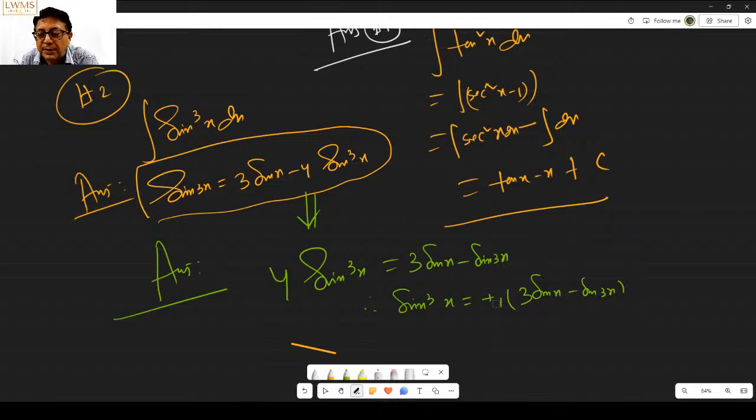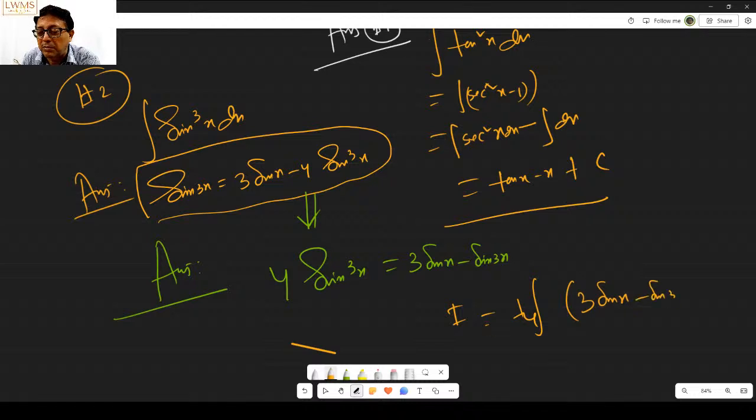Sorry, I have written the same thing. 4 sin cube x, no? Okay. So it will be 1/4 of, so there it is going to be 1/4. 3 sin x will be minus 3 cos x.